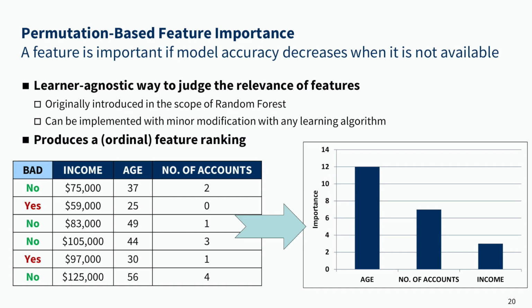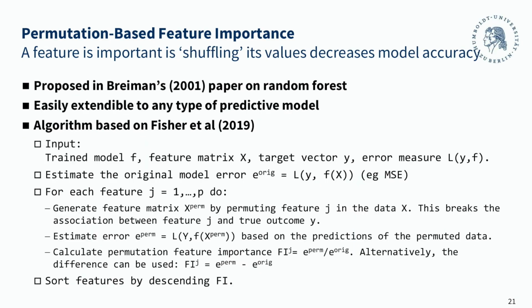The approach here with this permutation, I want you to internalize a little bit more because it's so prevalent. How does it work? Breiman was the one who initially came up with it, and then much later Fisher and colleagues, well, not reinvented it, but sort of wrote it up in a nicer way. The idea is the following.